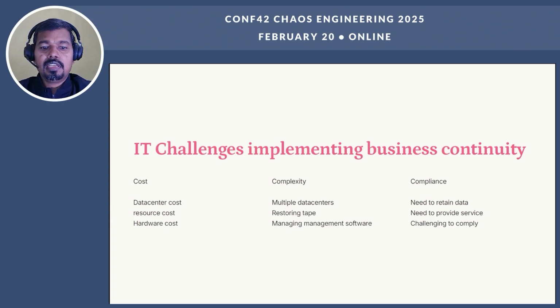That said, implementing business continuity is not easy and has many challenges. Organizations need to consider cost, complexity, and compliance. What are the costs? Running a secondary data center, maintaining hardware, and managing infrastructure can be expensive. And what is the complexity?